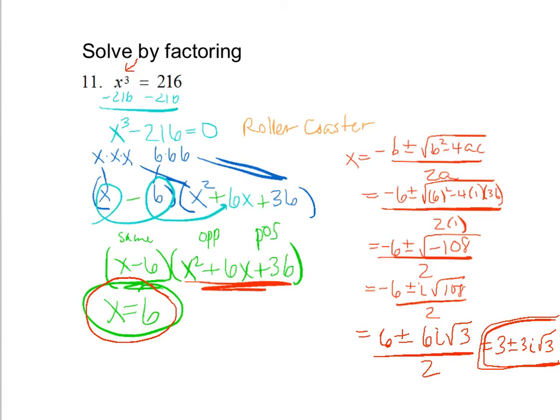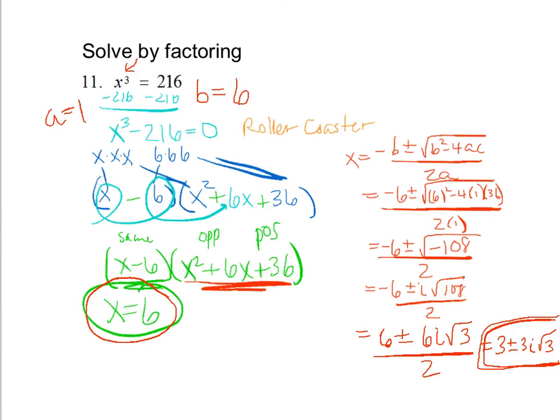Now, there was another way to do this. There were 2 formulas. If you went back to the very beginning, I know a is my coefficient in front of my x, so 1, and I know b is going to be the cube root of 216, which is 6, then you could plug into the 2 formulas.